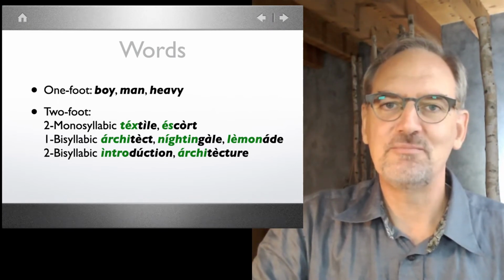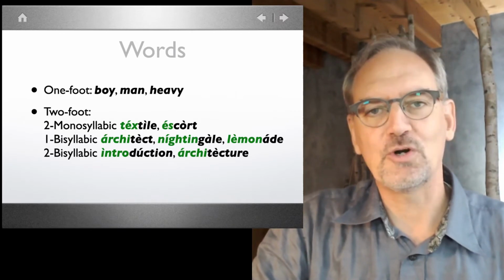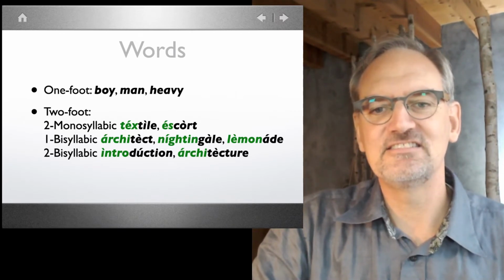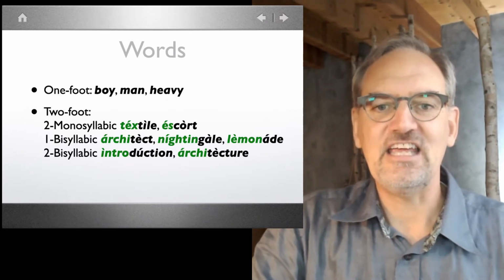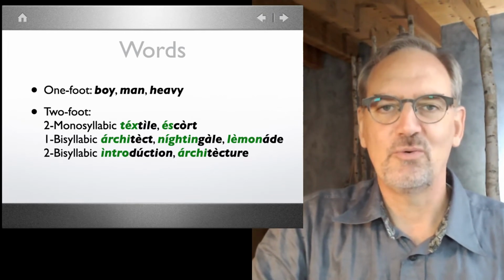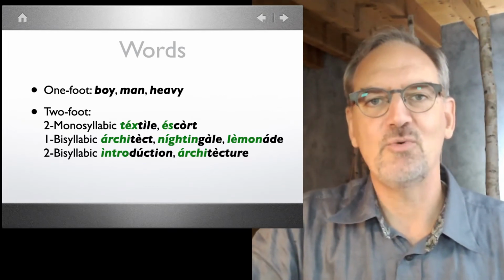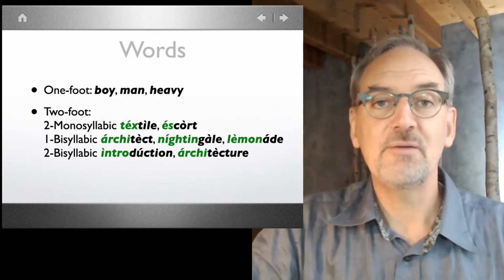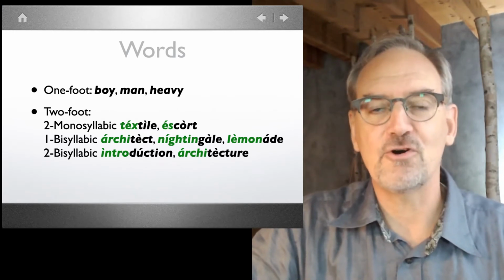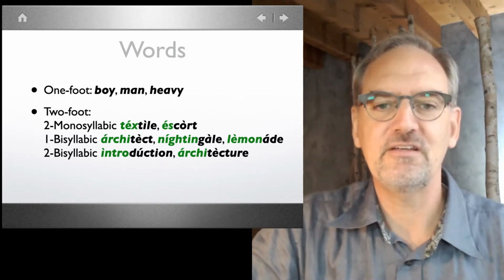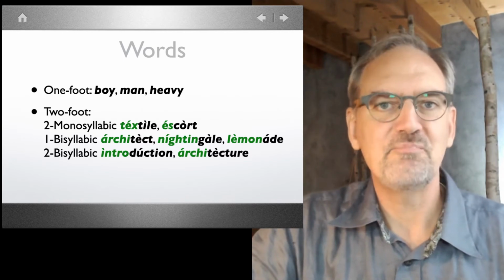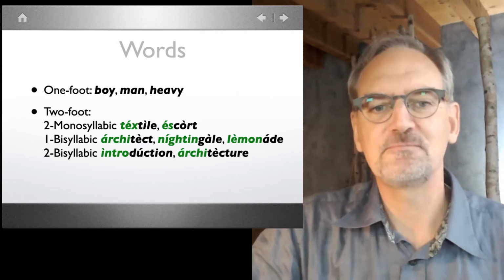They could be 2 monosyllabic feet, words like textile, escort. Each has a stress. One of them is primary stress and one of them is secondary stress, but each has a stress. Therefore, each is in a foot. The number of feet matches the number of stresses.